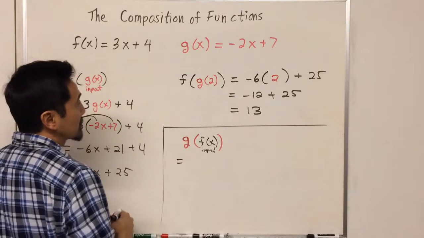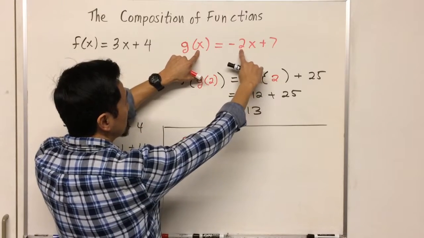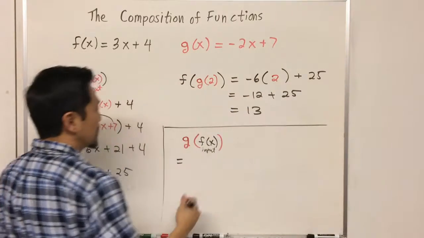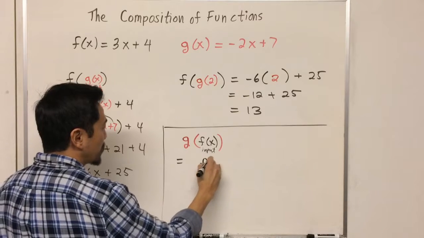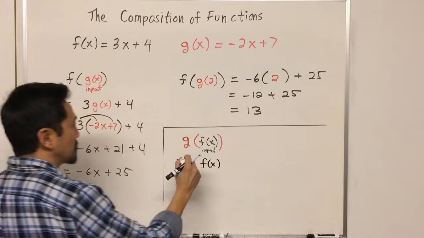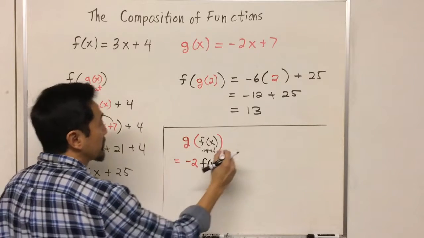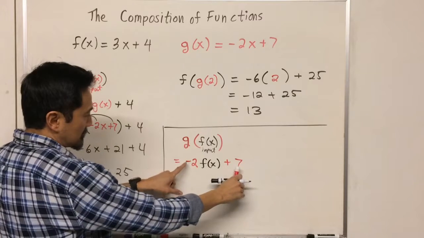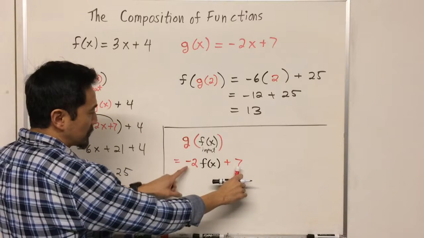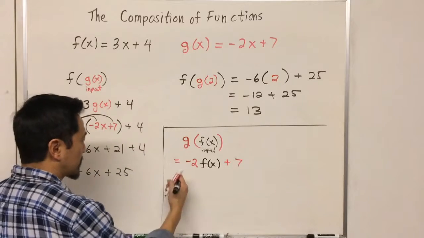And now you've got what? You have to take that input, multiply it by negative 2, then add 7. So you're going to take f, which is the input, multiply by negative 2, and then add 7. Again, the actions of the function g are written in red. The input is the f in black.